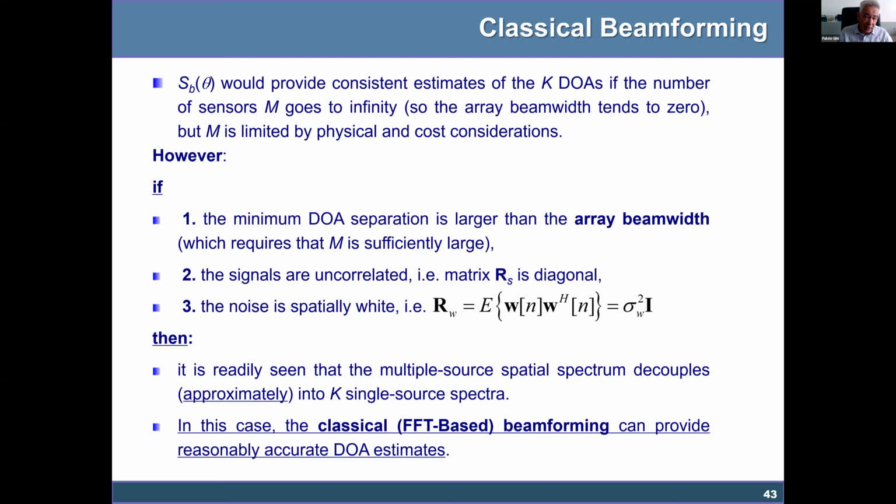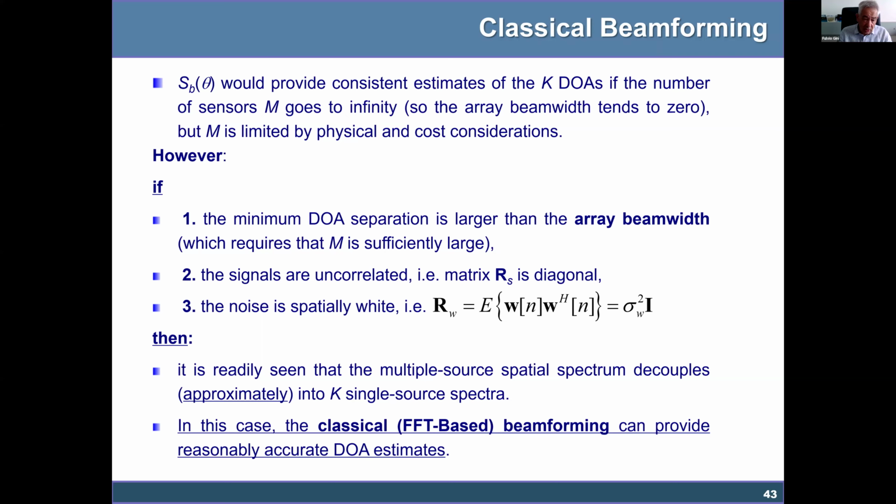But the problem is that we cannot increase the number of sensors because of the cost of the hardware. So for a fixed N, we can say that the classical beamformer is approximately a consistent method to estimate the K directions of arrival if the sources are spaced enough.